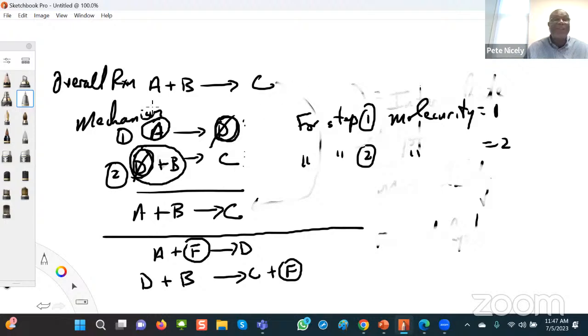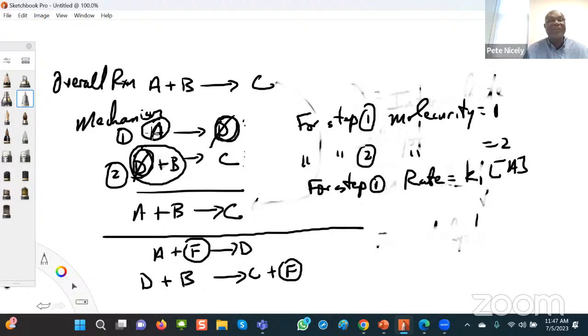Now, when it comes to the rate laws for these reactions here, for these elementary reactions, it's very easy to write them down based on the equation because, like for example, in the case for step 1, the rate of the reaction, the rate of that step would simply be equal to the rate constant for step 1 times the concentration of A, all right?